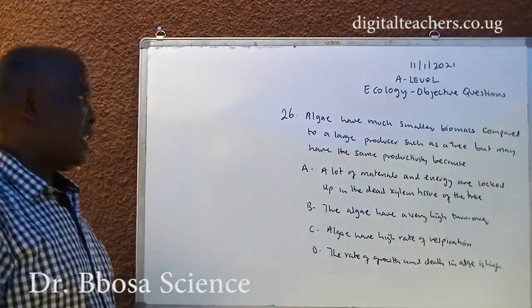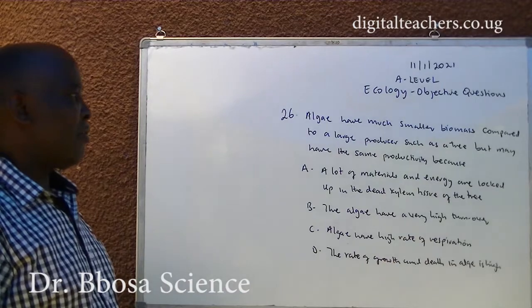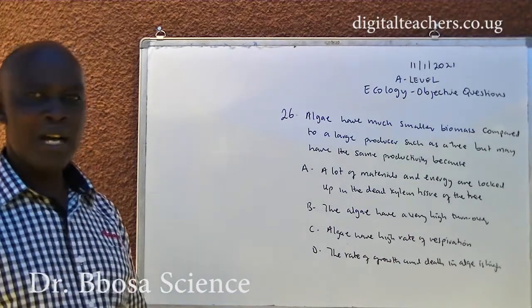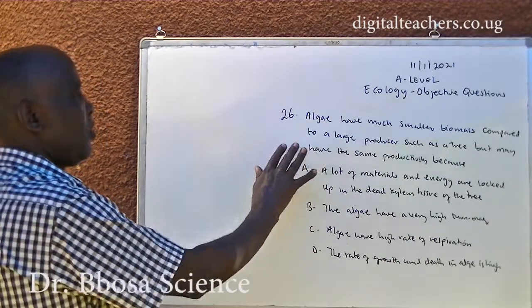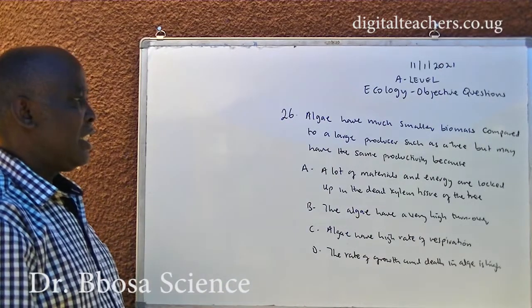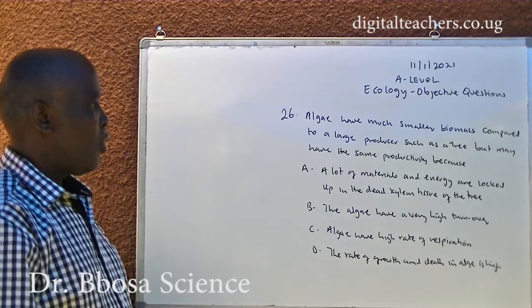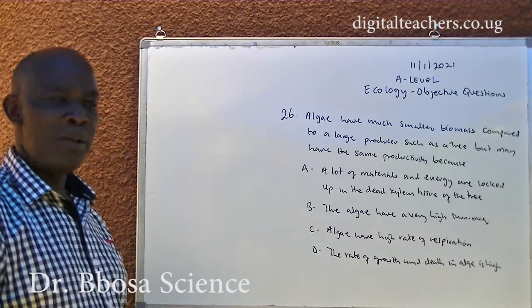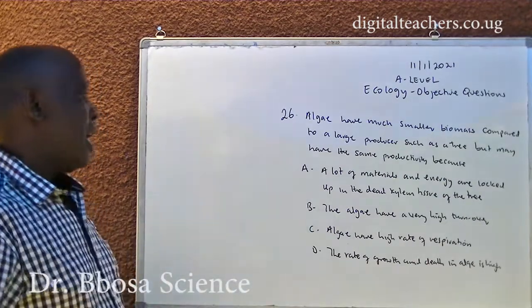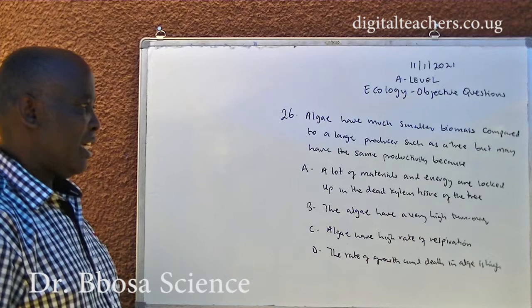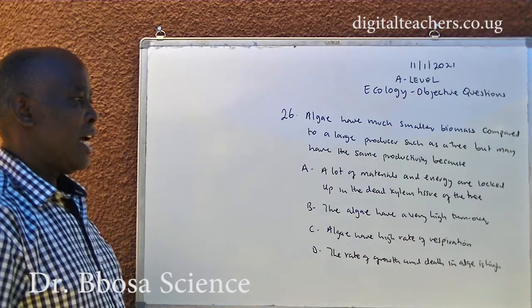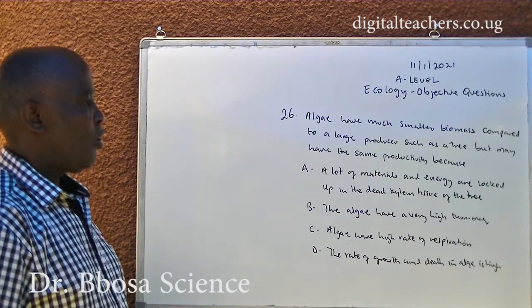Number 26. Algae have much smaller biomass compared to a large producer such as a tree, but may have the same productivity because A. A lot of materials and energy are locked up in the dead xylem tissue of the tree.